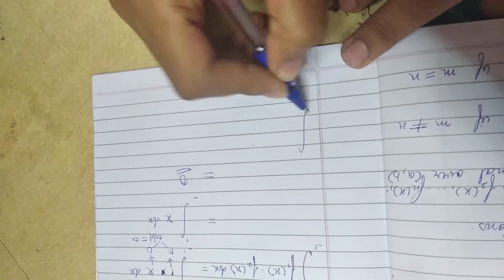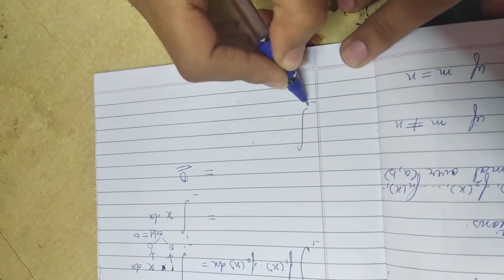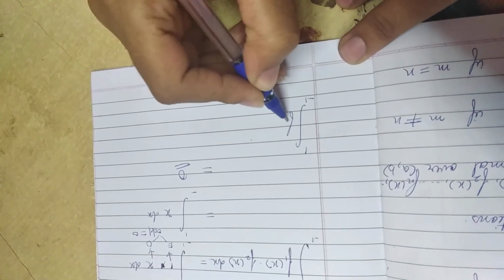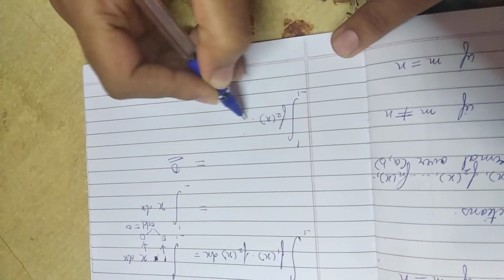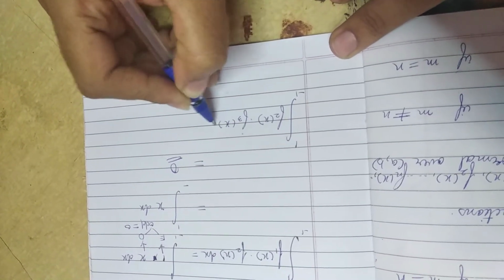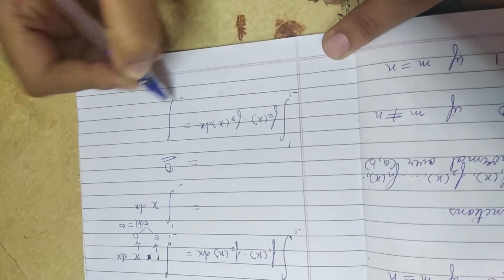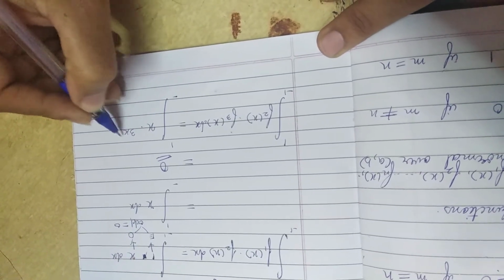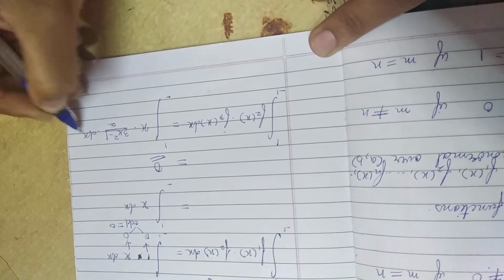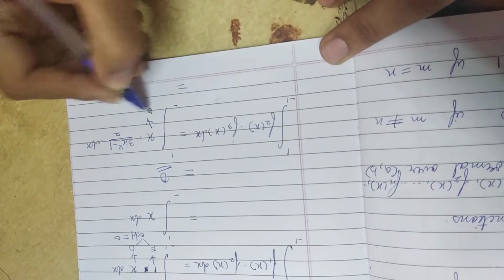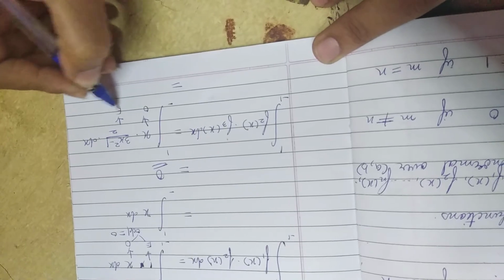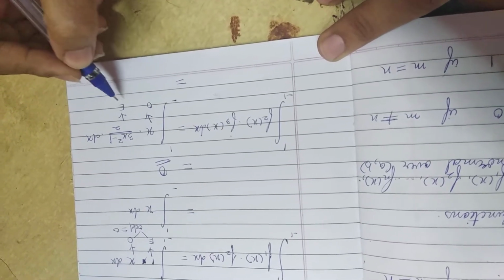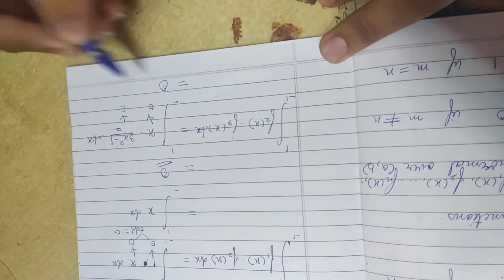Now we will check for f2(x) and f3(x). The value of f2(x) is x, f3(x) is (3x² - 1)/2. Now this is an odd term and this whole term is even, so again we are getting odd into even is odd, and the value of the integral of an odd function is 0.